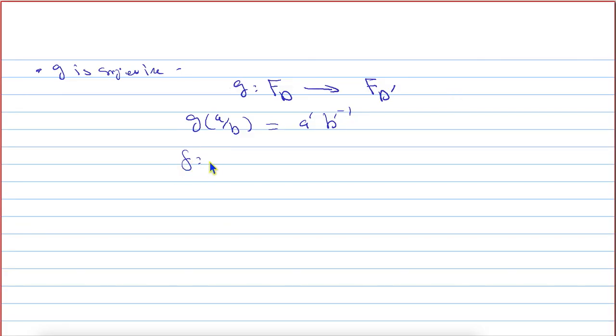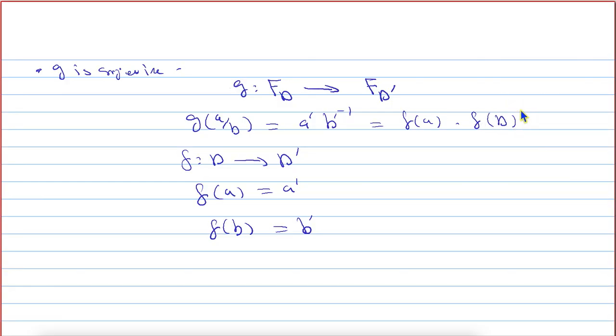So in F from D to D prime, for each A, f of A equals A prime and f of B equals B prime. So this is where A prime and B prime come from. And therefore this equals f of A into f of B inverse, okay?